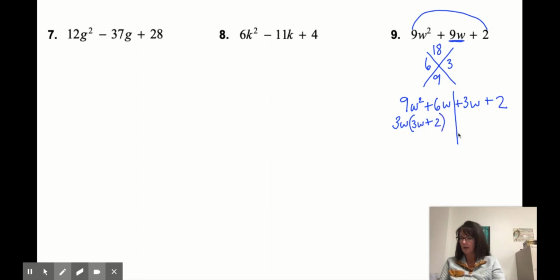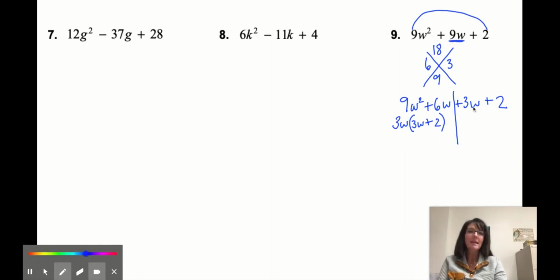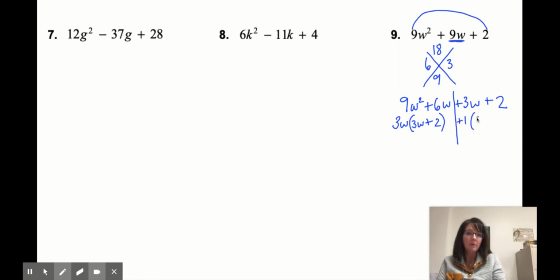All right, so we have, hold on one second. Okay, now I'm looking at these two right here, and look what we have, 3w plus 2. So let's just say I factor out a positive 1. I'm left with 3w plus 2.